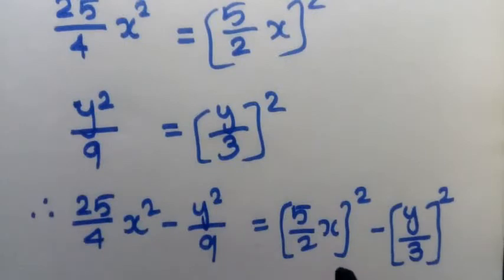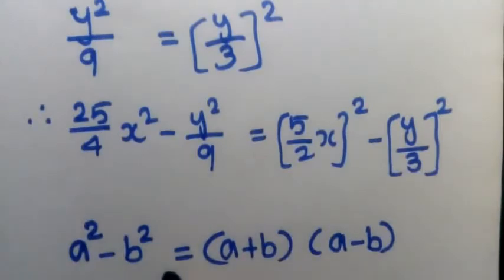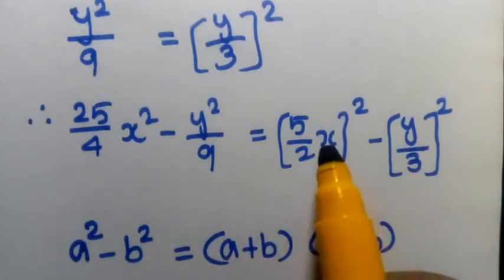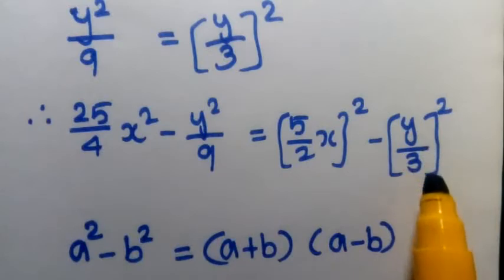Now, it is in the form of a square minus b square. We know that a square minus b square is equal to a plus b into a minus b. Comparing the given expression with a square minus b square, we observe that a is equal to 5 by 2x and b is equal to y by 3.